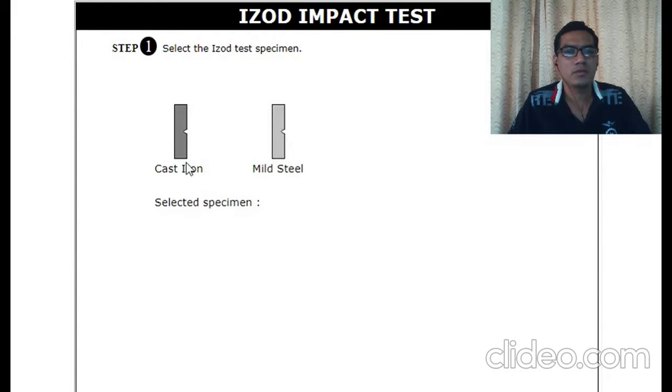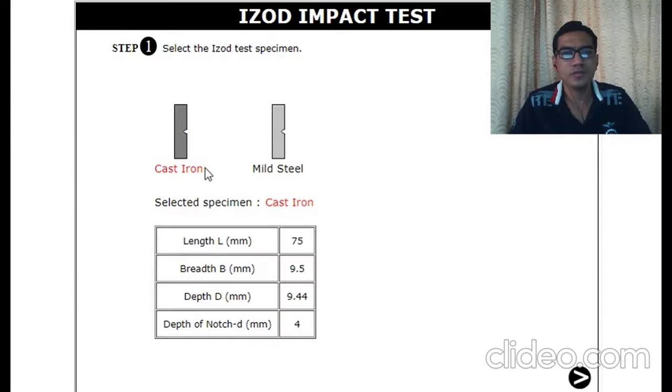In this video we perform the Izod test on cast iron, and next we will go for the mild steel. So initially we will go with the cast iron material. We select the cast iron material as the test specimen.